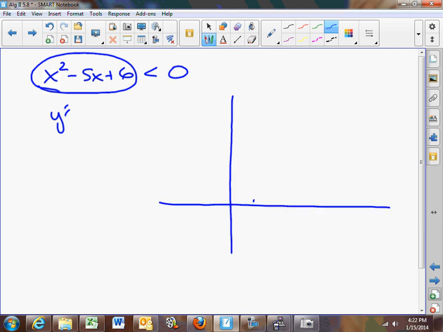And actually, if you refer back to the earlier part of this lecture, we had a vertex at 2.5, negative 1/4, and it went through 6 on the y-axis, and it went through 5, 6 as well over here, the symmetric point. But now, what we want to know is where y is less than 0.